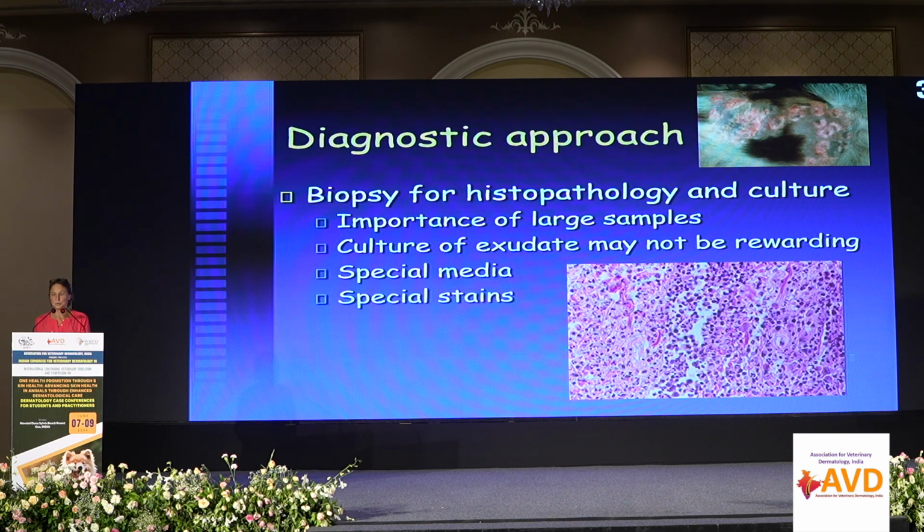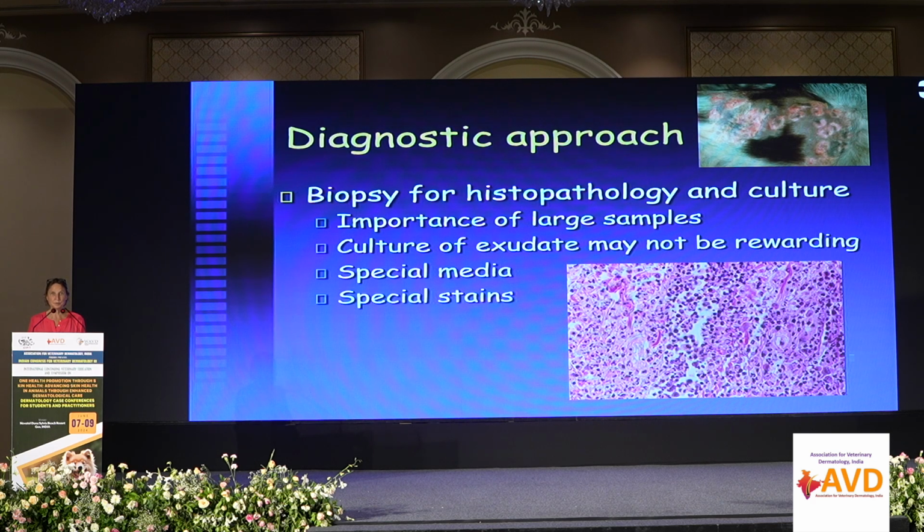Okay, so for the histopath, again, you need to ask for special stains or the pathologist will not do it for you. When you submit for culture, there are some diseases in which you have very few organisms, like atypical mycobacteria.